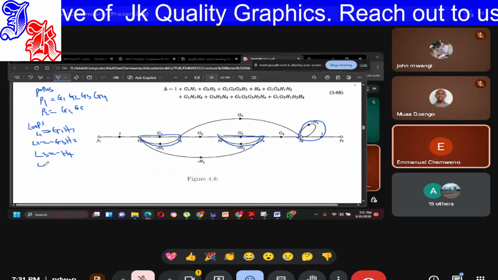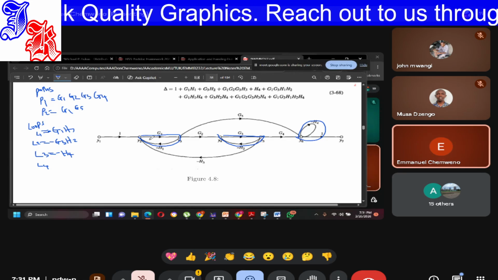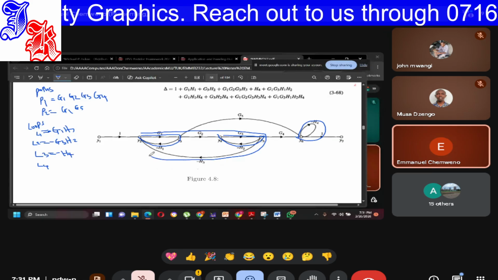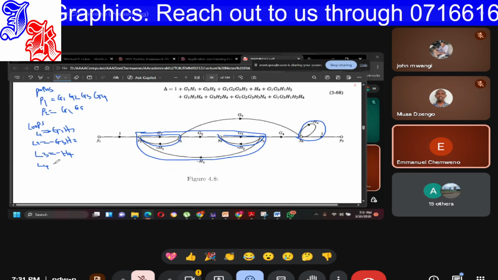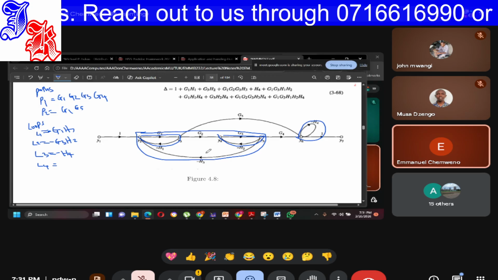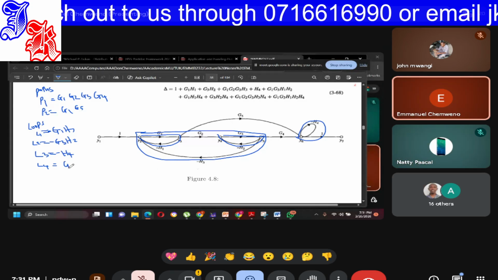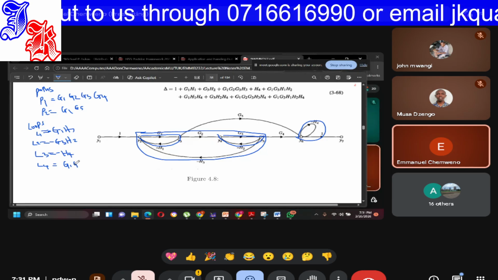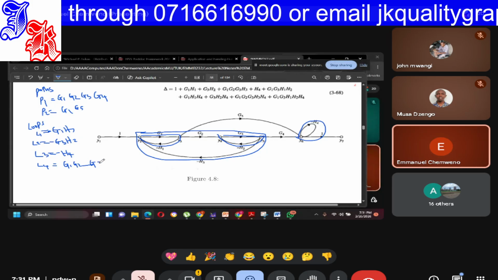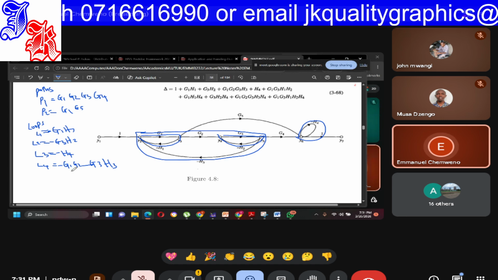Loop 4, I have this path. Loop 4 is this one. It's G1, G2, G3, H3. All of this with negative signs.